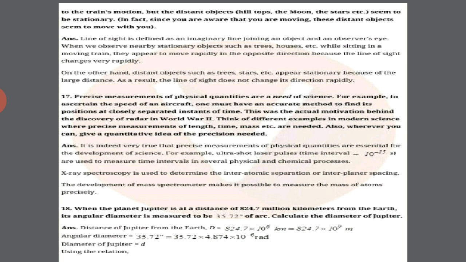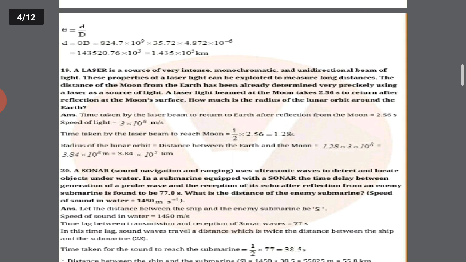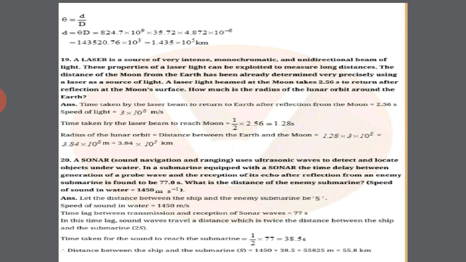Okay, the diameter of Jupiter is D. Using the relation theta is equal to small d upon capital D, where small d is the diameter and capital D is the distance, small d is equal to theta into D, which is 824.7 into 10 to the power 9 into 35.72 into 4.872 into 10 to the power minus 6. So it becomes 1.435 into 10 to the power 5 kilometer.